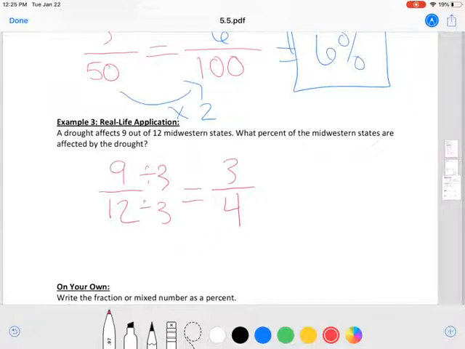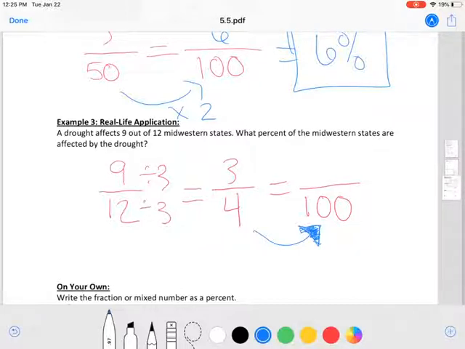Now that I have it in simpler form, I'm going to go ahead and again write that equal to the part to whole, the 100. And now you might notice it's a little bit easier to get to 100 from the 4, because before, getting from 12 to 100, you would have had a decimal. Now you can have a whole number.